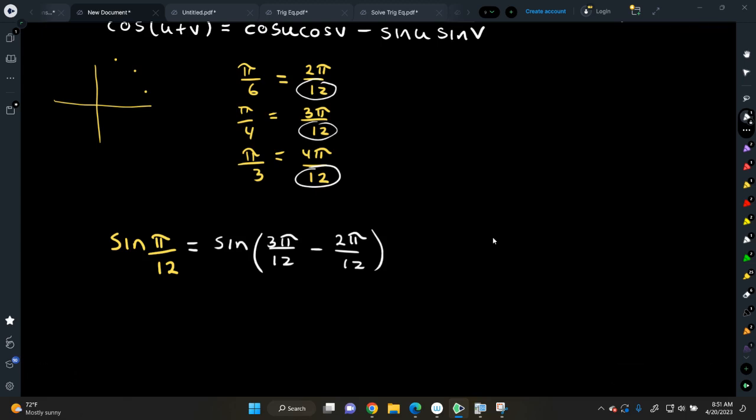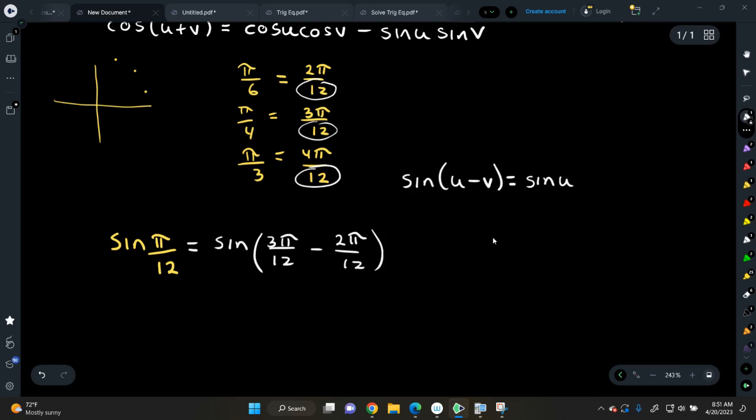Okay? So our formula, sine of u minus v, is going to equal sine u cosine v minus cosine u sine v.